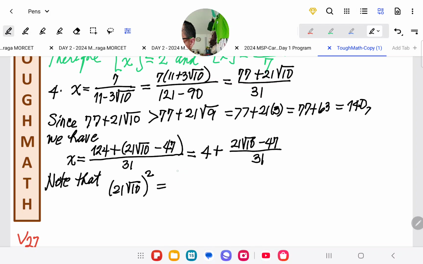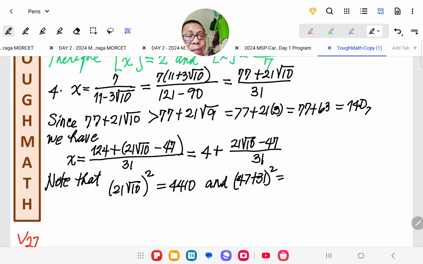So this gives us 4410, and 47 plus 31 squared, this is 78 squared, which is 6084.